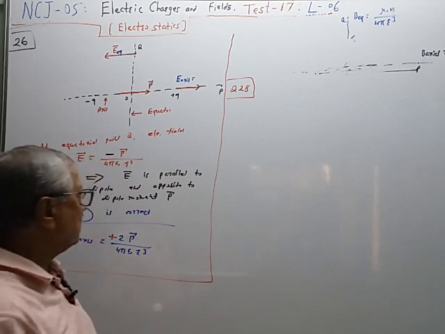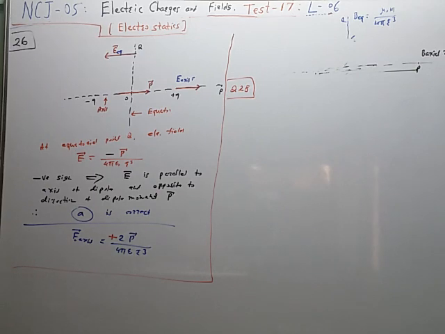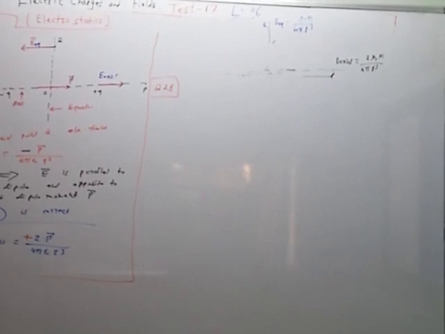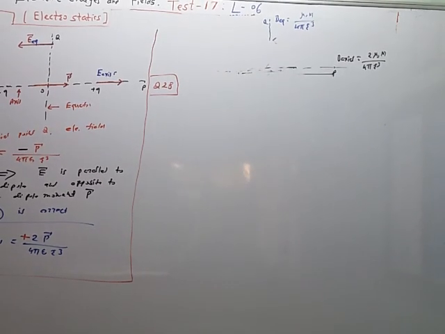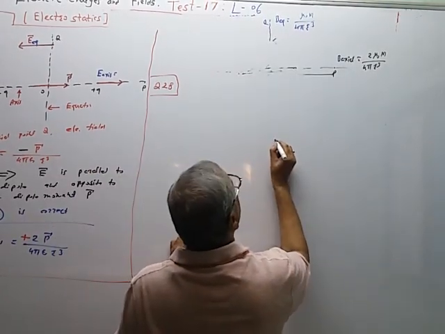So I will show the figure. So consider an electric dipole as usual. So this is minus Q charge.